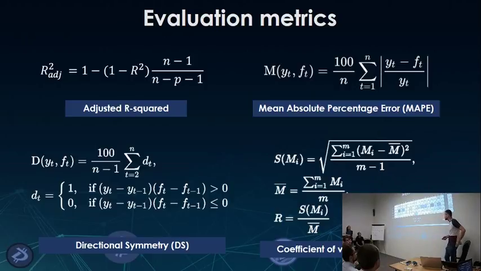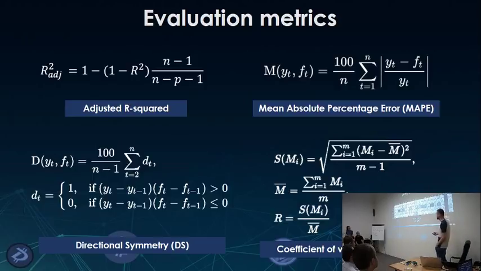For adjusted R-squared, we use color scaling. These are the 20 cryptocurrencies, starting from Bitcoin, Ethereum, etc. And here are the 5 days which were given to us to evaluate the model. It was made by the organizers.